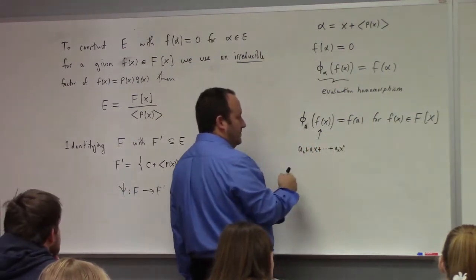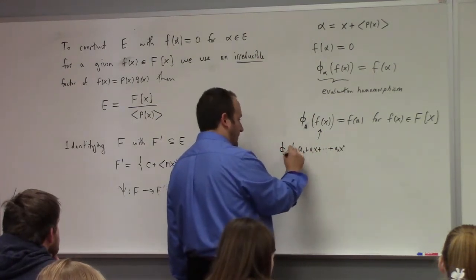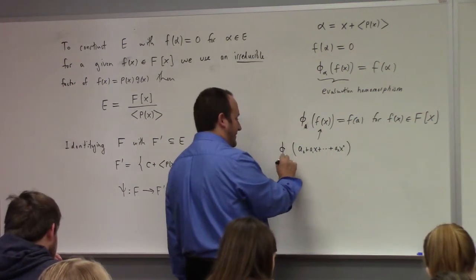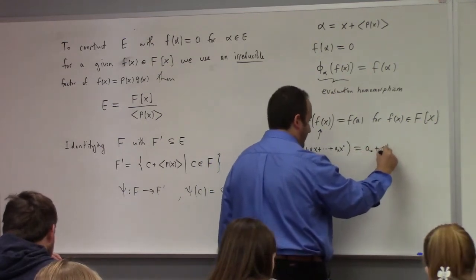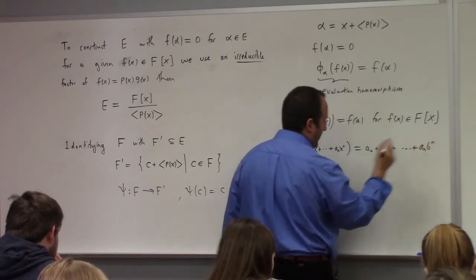Then when we take phi b of that, we get a0 plus a1b plus anb to the n.